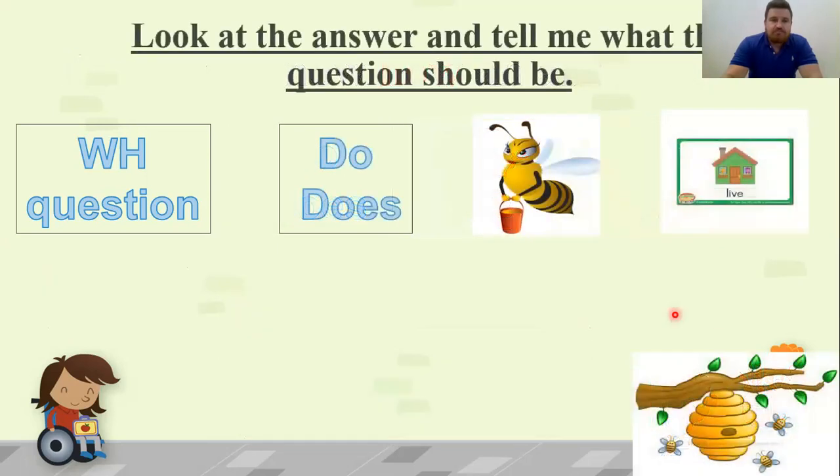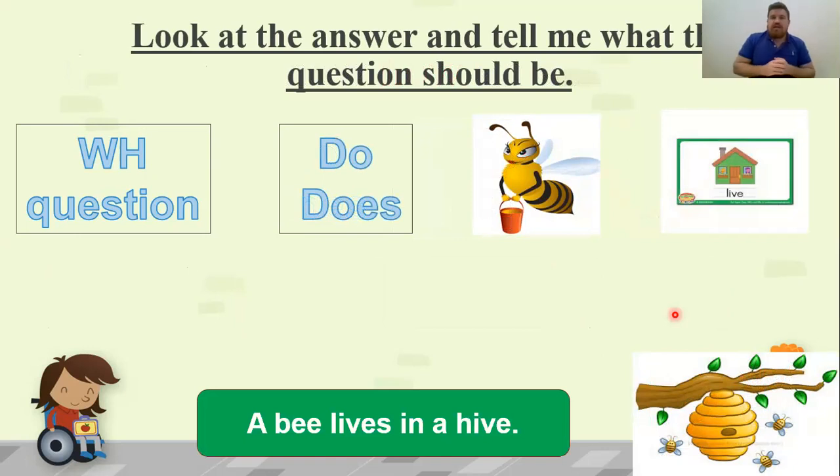All right. So now I want to change it a little bit and I want to see how smart you are. So look at the answer and tell me what the question should be. So a long time ago, do you remember when you first met Teacher Shelto?